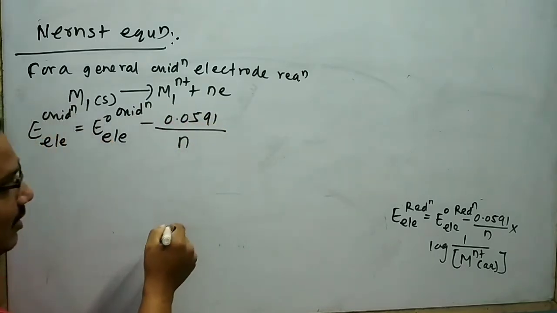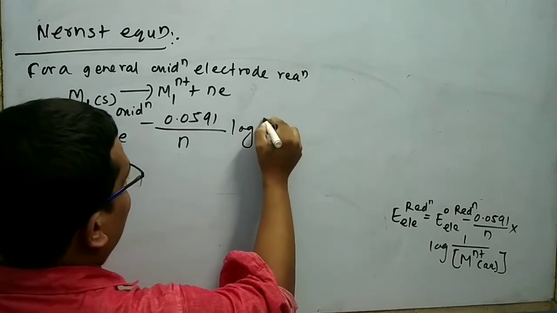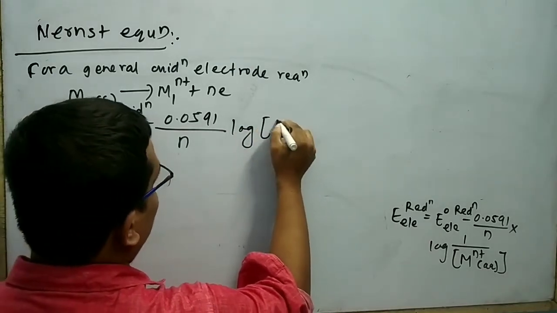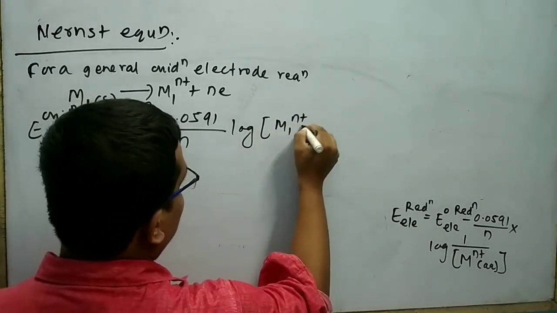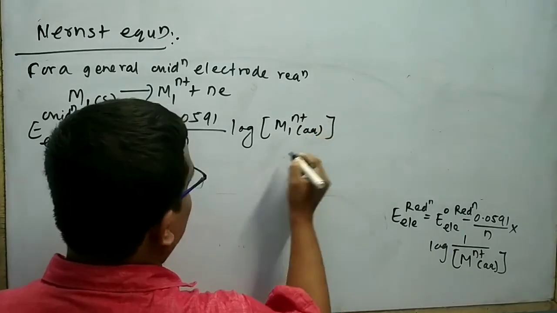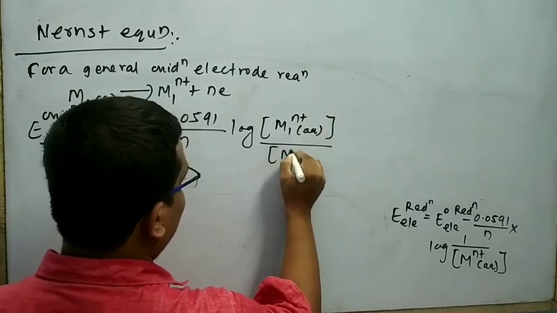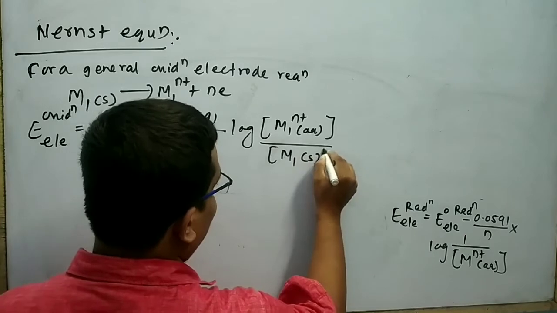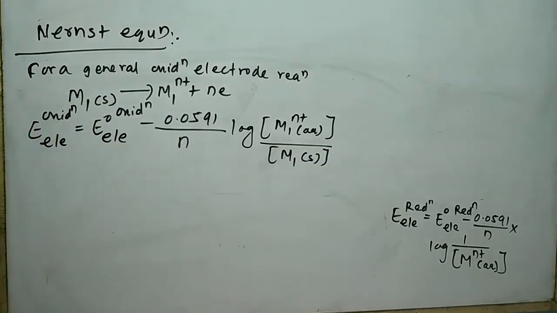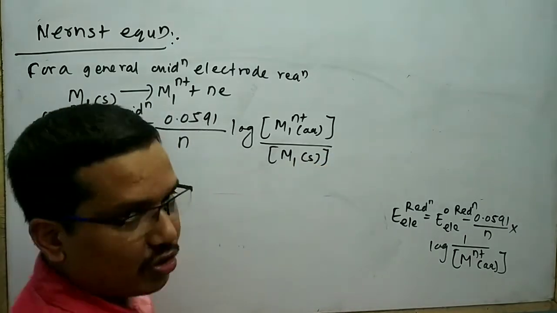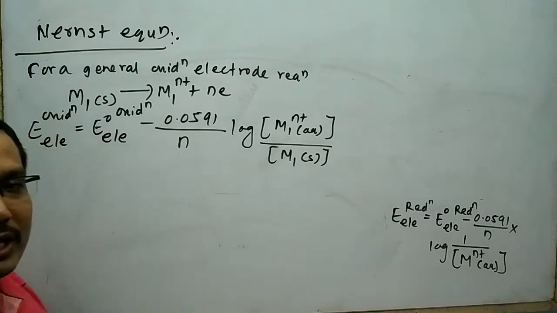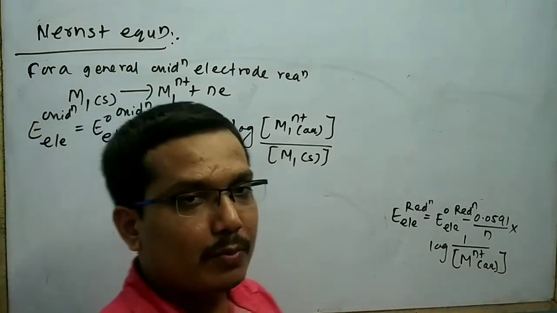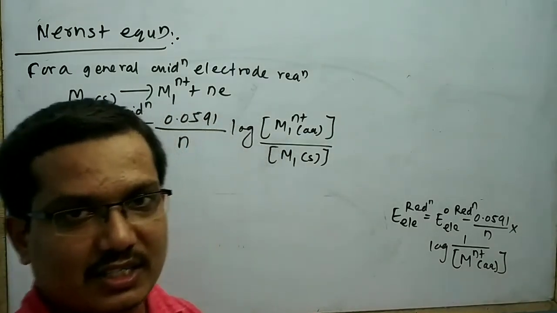by n log of concentration of M1 n plus aqueous divided by concentration of M1 solid. Here the concentration of M1 solid is 1 because we know that the concentration of pure solid and liquid is unity.